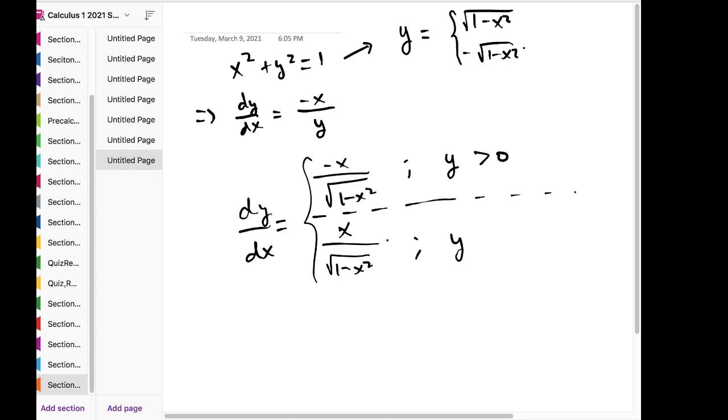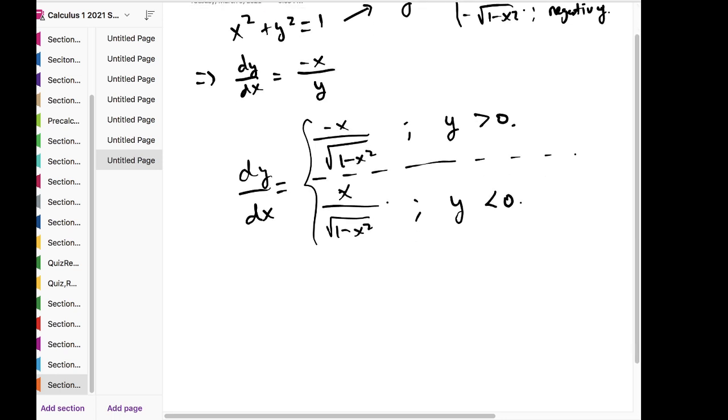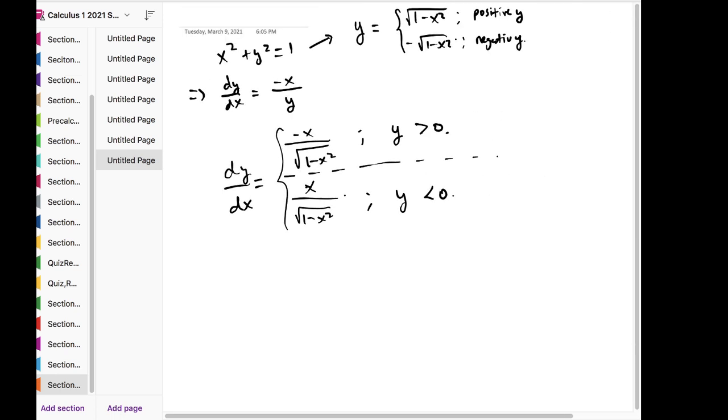Yeah, this one's bigger than 0 because I replaced this one, and this is less than 0. Okay, so let's think of a practice point. Someone give me their favorite point on the unit circle.